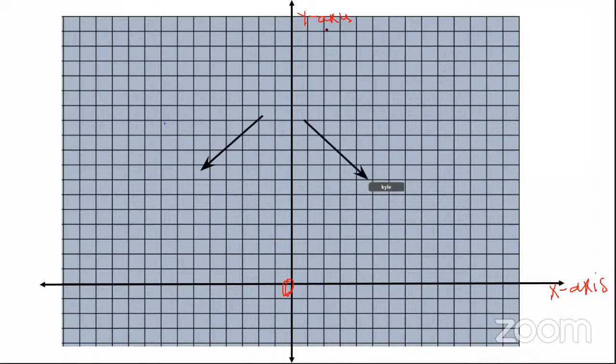Okay, thank you. So here we are going to number them. We can use a scale of 2, so as to avoid over congesting our scale. So likewise here 2.